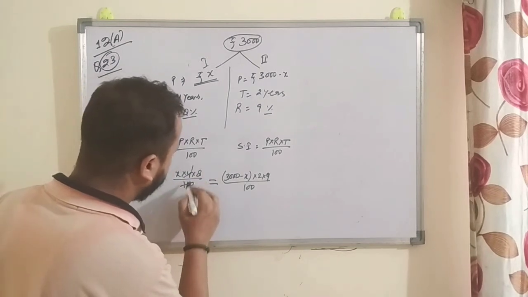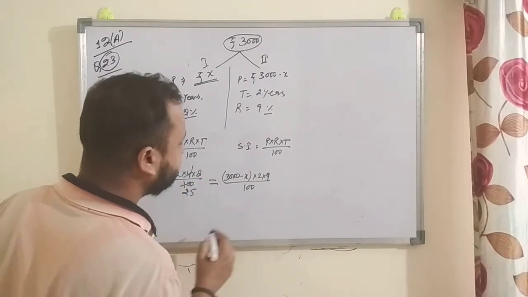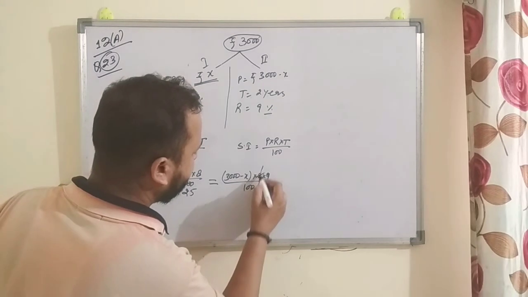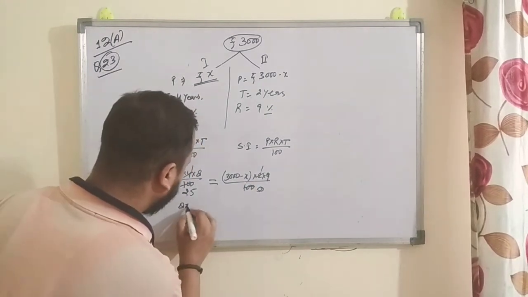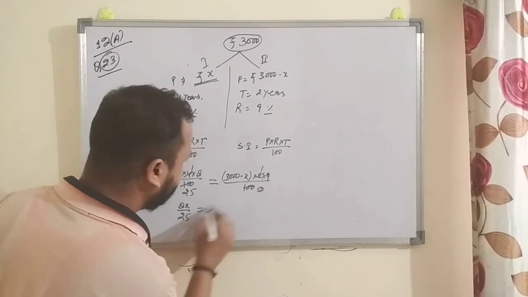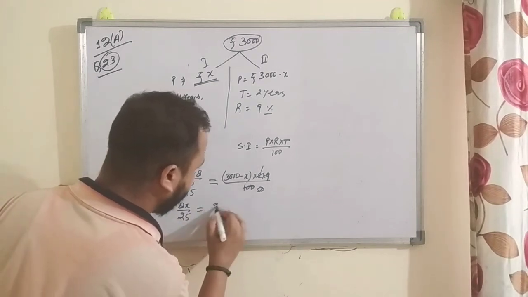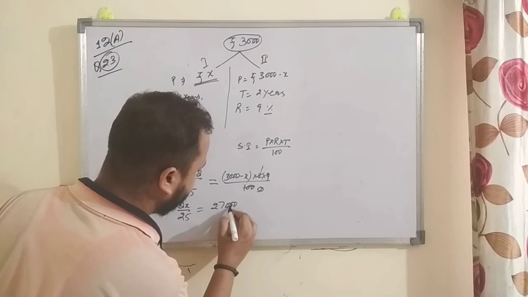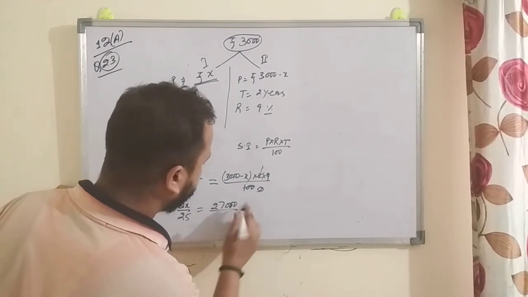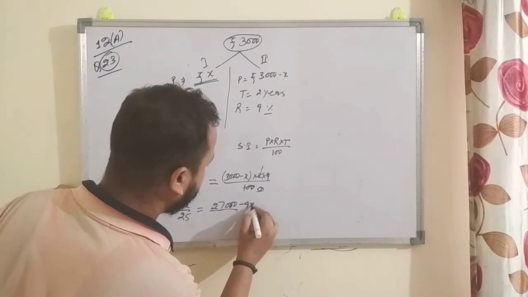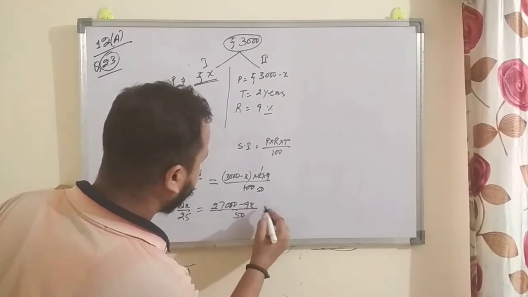4 1 is 4, 4 25s are 100, and here 2 1 is 2, 2 50s are 100. So 8x by 25 you are getting, and here 9 3 is 27,000 divided by 50, minus 9x upon 50.